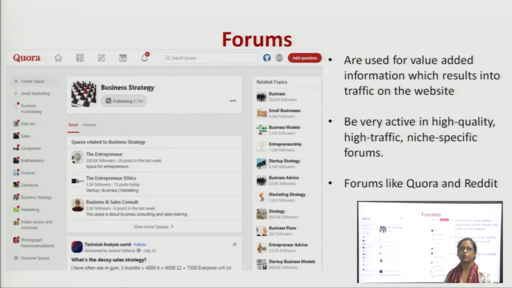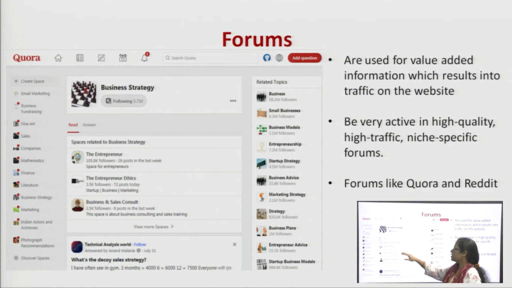The most common forum that we have is Quora. In Quora, you might have seen that whenever any kind of question is raised, it is answered by many people across the world with similar interests. So Quora helps the organization to know the audience, to know what is being discussed, and what the preferences are.